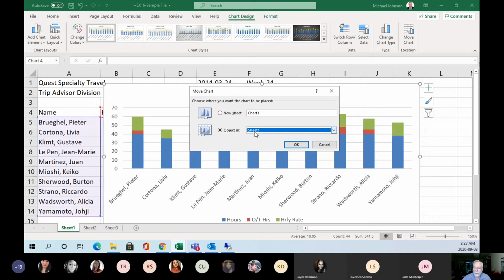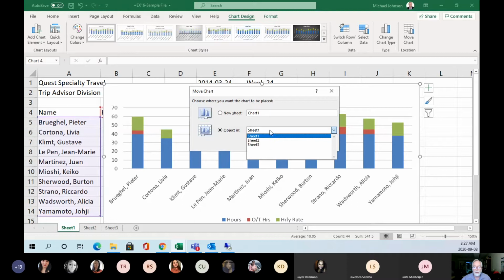Right now, sheet number 1, which is where I am, I can see that at the bottom. And the alternative is I can put it on a different sheet if I want to. I may have one sheet that has maybe 20 or 30 different charts of different types of information, so I can get a good feel for what the data is telling me.